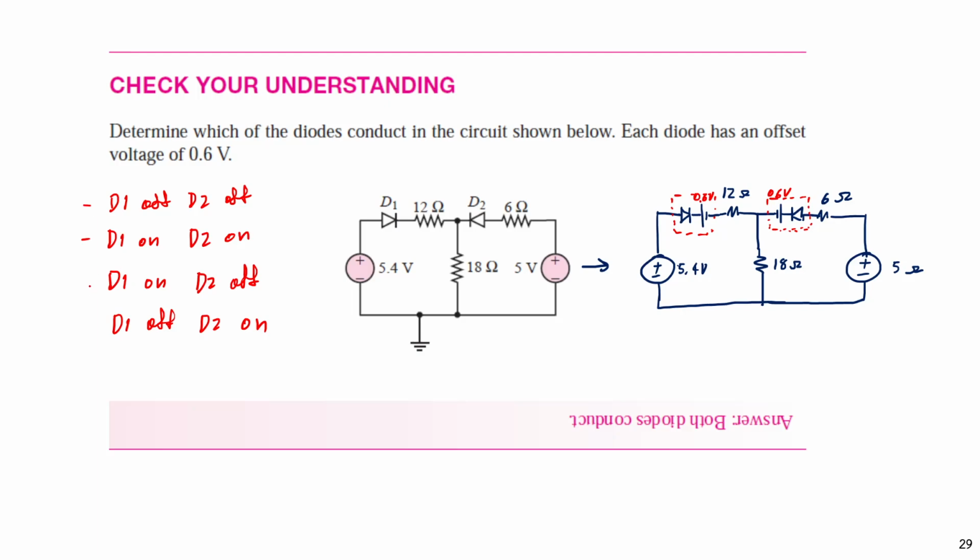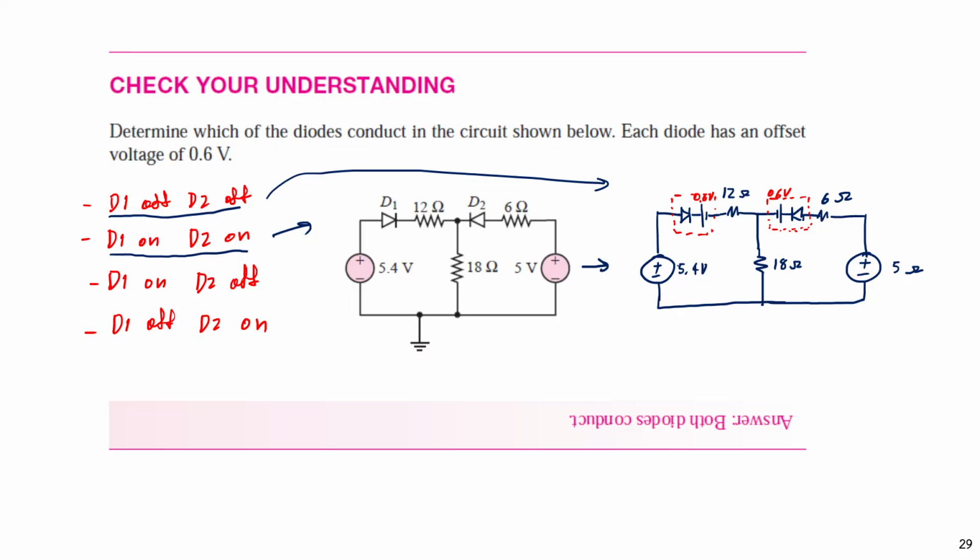So how to know? If the circuit is complex, we need to try one by one. Both off and see what happens. And both diodes on and see what happens.